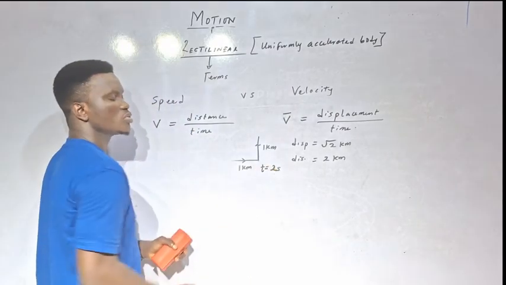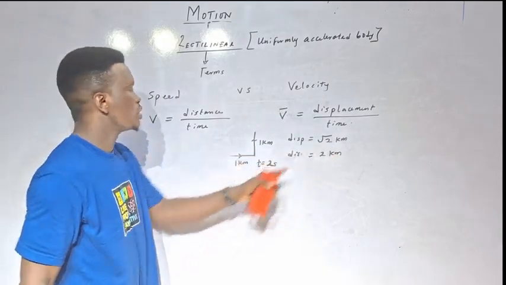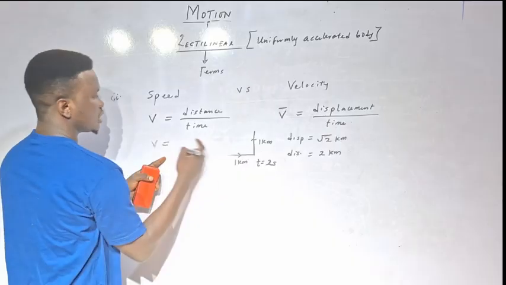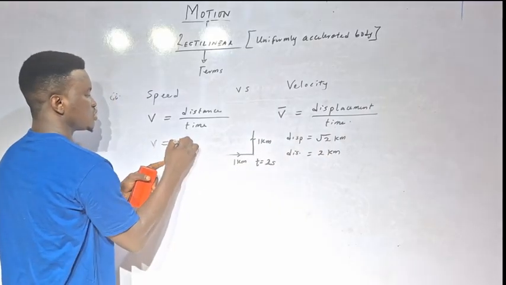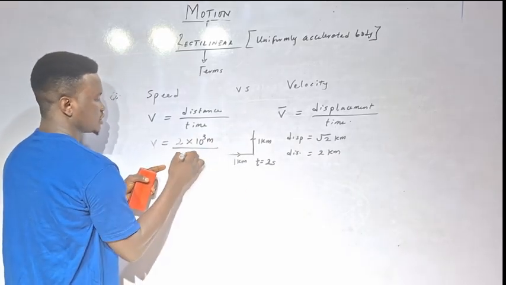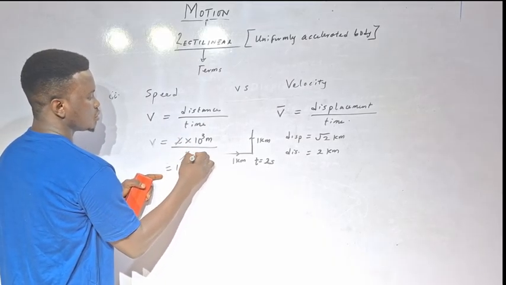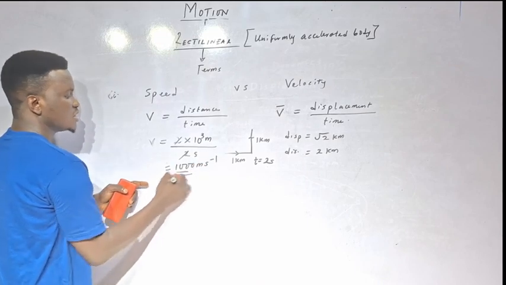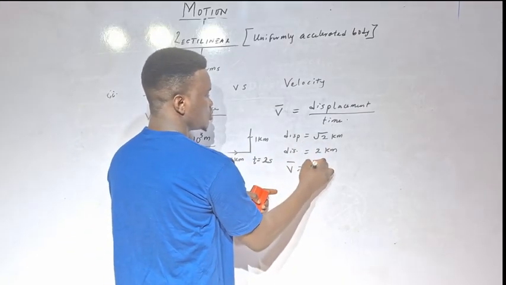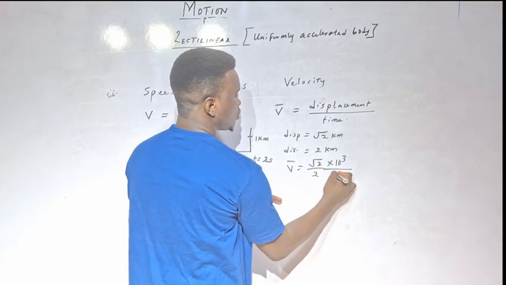Speed is going to be distance, 2 kilometer. You must always solve in SI units, so you can say 2 times 10³ meter all over time 2 seconds. So that's going to be 1000 meter per second. That's the speed. But what will be the velocity? Velocity is going to be displacement √2 over 2 times 10⁻³ per second.